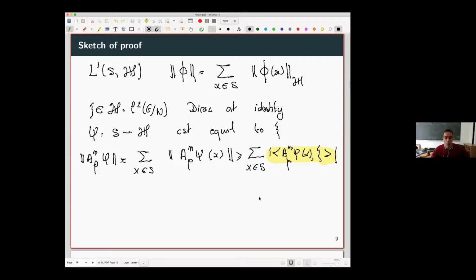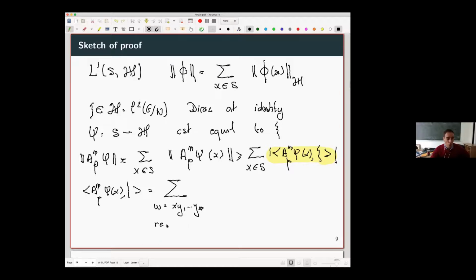So let's now compute this quantity I highlighted here. So this is where the operation will play a role and where the magic somehow happens. Well, part of the magic happens. So if you compute A rho to the n psi at x scalar xi, I just unfold the definition of the nth power of my operator A rho. So I look at all the reduced words of the form x, y1, ..., yn.